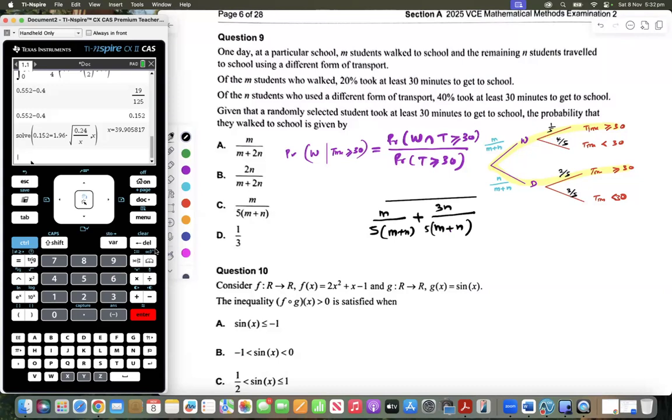So the top branch, you need to get the value, which is m over 5 times m plus n. Looks like my denominators are canceling out, right?